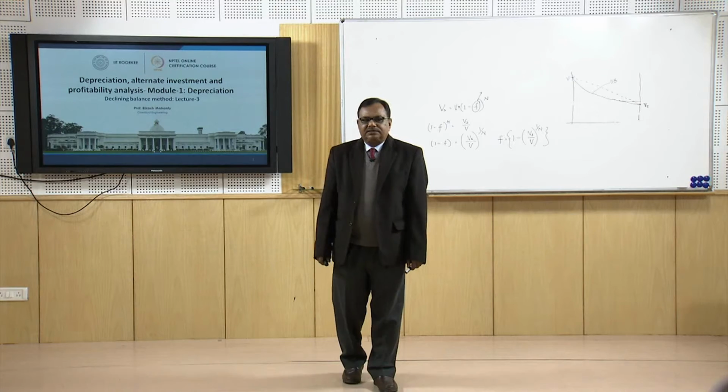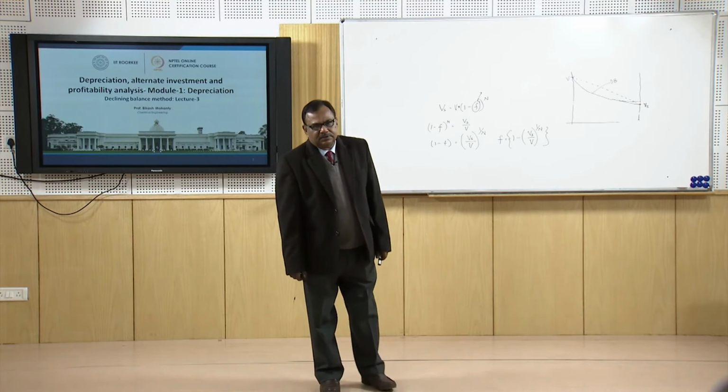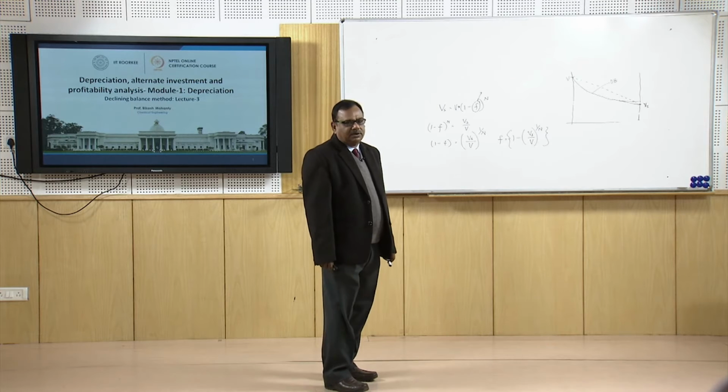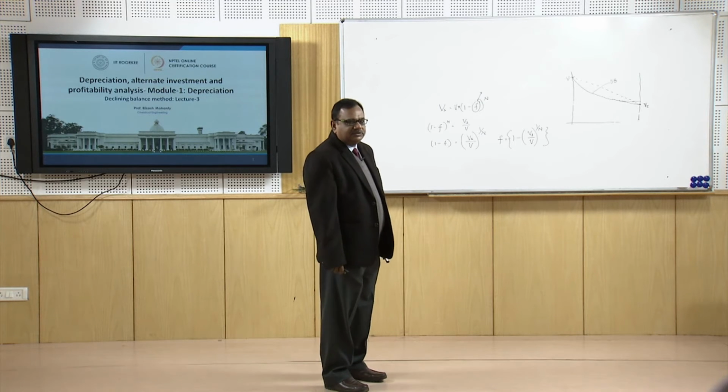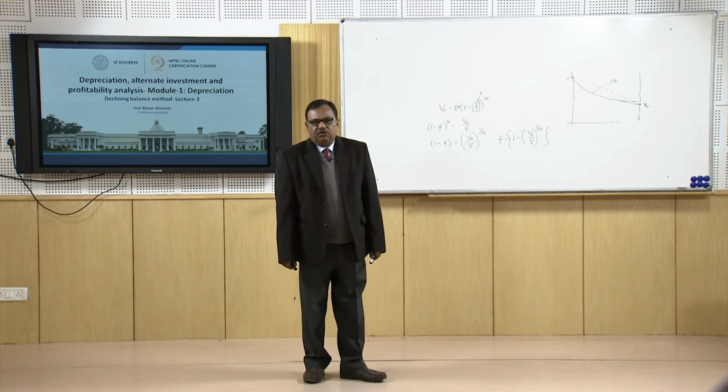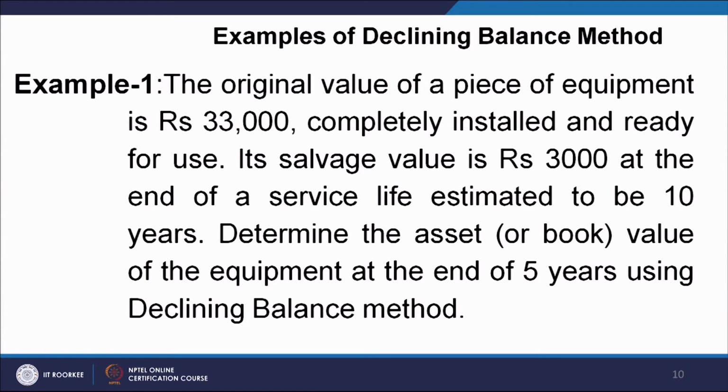Now, let us start with the examples and take the first example. The original value of a piece of equipment is rupees 33,000, completely installed and ready to use.